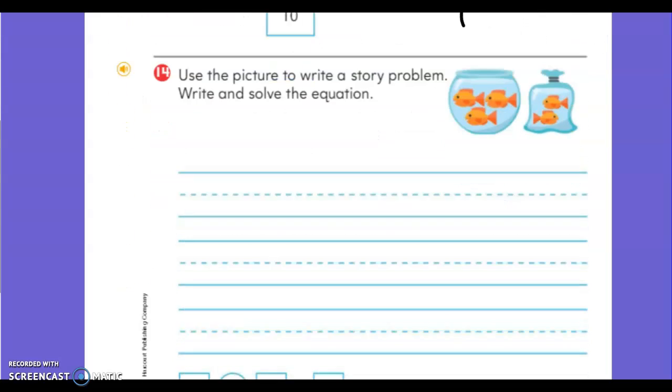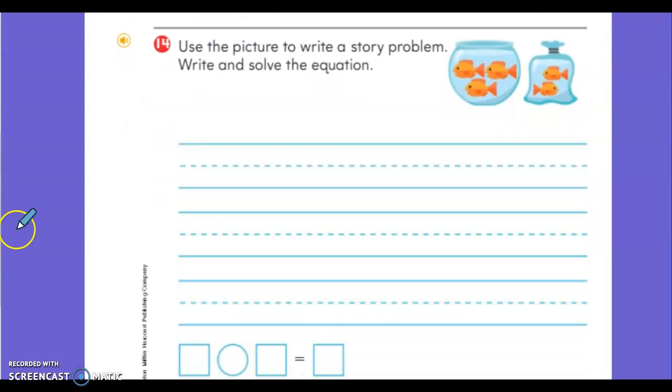Okay, number 14 is going to be totally up to you on how you want to do this. This is very similar to lesson 3.12, which was the mathematical practice lesson, our most recent lesson. You're going to use the picture to write a story problem and write and solve the equation. Okay, so here I see that there are a total of 5 goldfish.